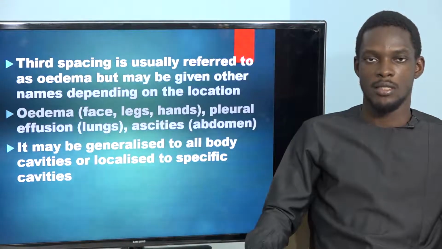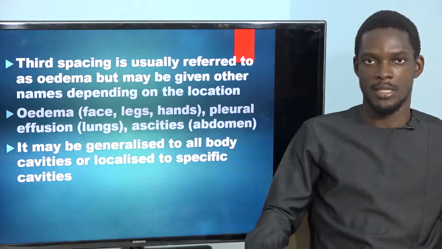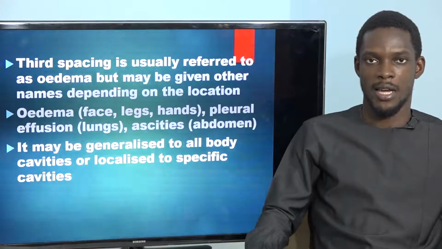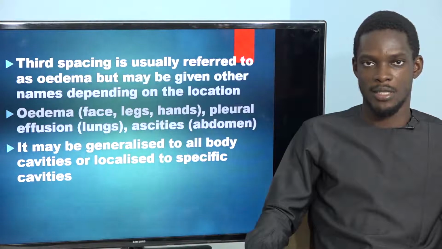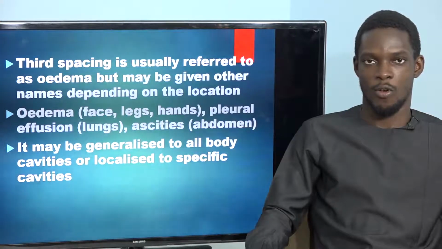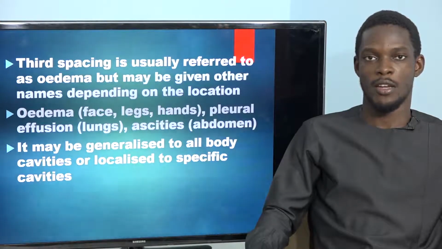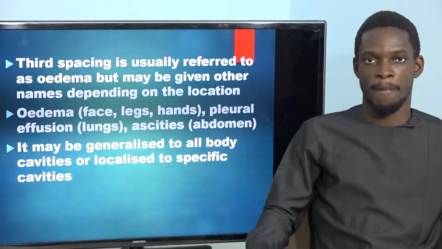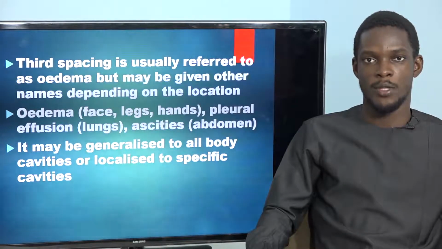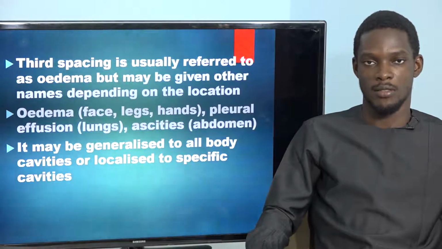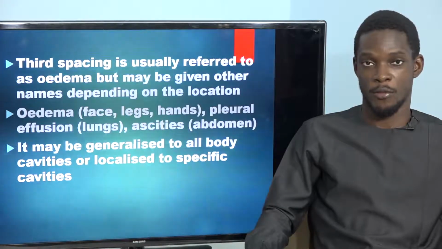What happens in third spacing is that as the blood gets to capillaries, you know that capillaries are 1 cell thick or very thin as compared to blood vessels, and therefore fluid can easily leak. When it gets there, fluid begins to leak out of the blood vessel. It happens to every normal human being.